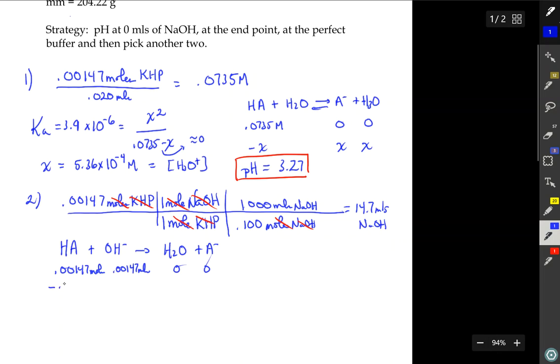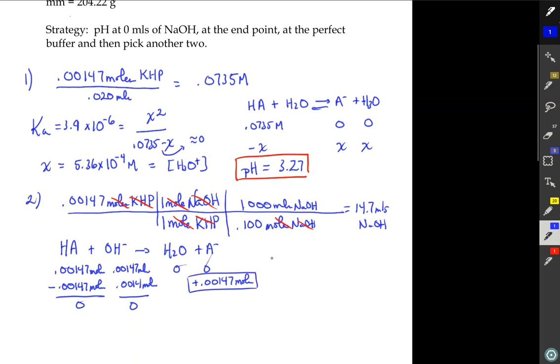Since this is a perfect buffer, the equivalence point, I'm going to subtract all of it. We'll end up with 0 here, 0 here. It's a perfect reaction, and we'll end up with 0.00147 moles here. And so that's what we're going to go by.